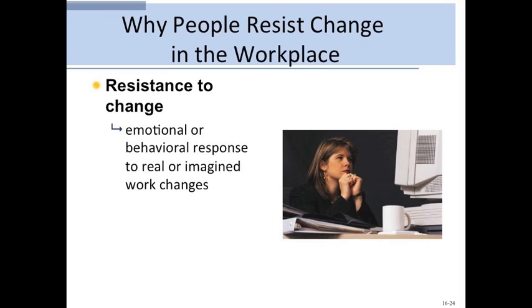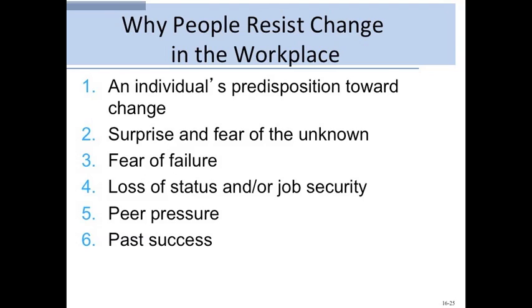I'm not going to be an obstacle, but I'm not really going to support it wholeheartedly. I'm just kind of going to be indifferent. Or it can be severe resistance to change, where somebody's actually trying to sabotage the change, spreading rumors, doing things that actually are a distinct obstacle to the change process.